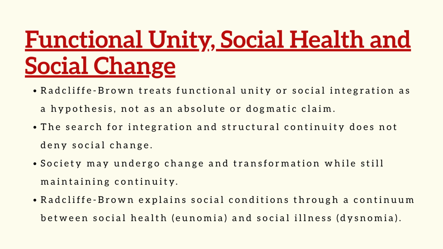This means he does not claim that all societies are always perfectly integrated. Instead, he suggests that integration must be examined and tested empirically in each society. So, functional unity is an analytical tool, not a dogma. It helps sociologists study how far different parts of society work together at a given time.